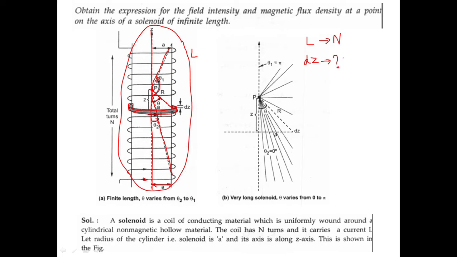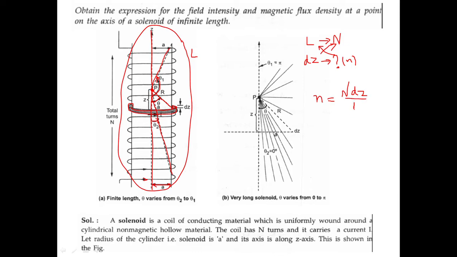I'll take this question mark as small n, where small n is the number of turns in the height dz, right? So now what will be the answer? We have to cross multiply this, so n will be equal to N dz by l.